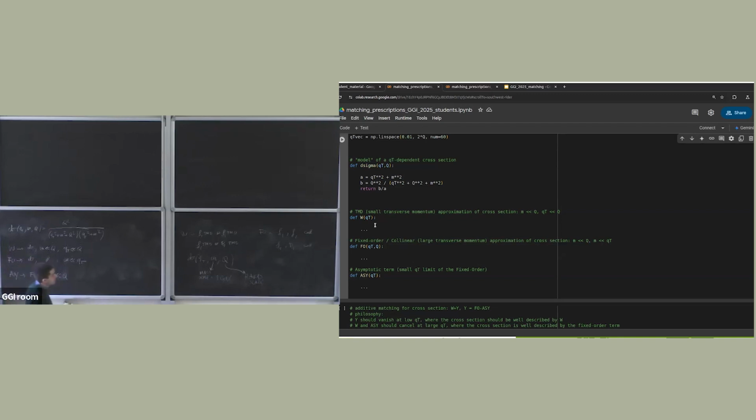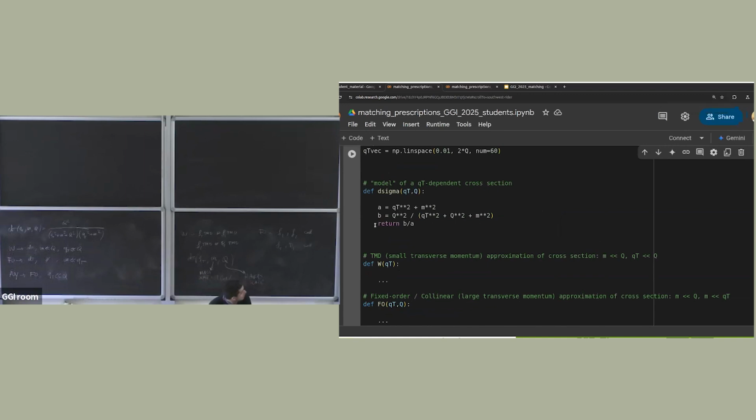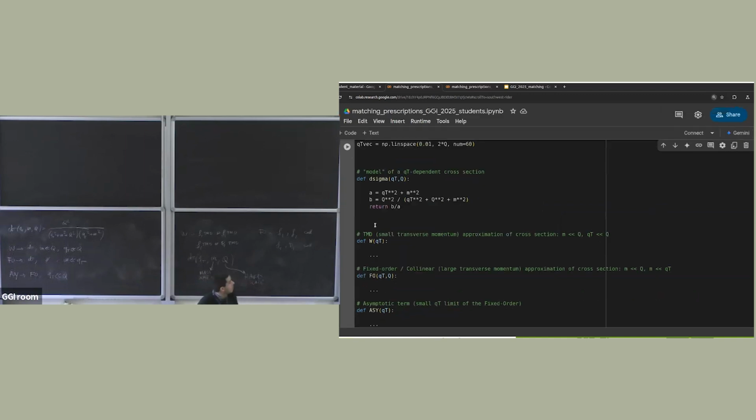Once you do that, once you code it, I think you have some experience with Python, but if you don't, it's just a matter of copying the definition of this function here and applying the limits that I told you.